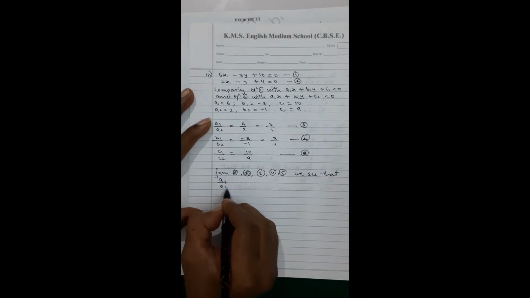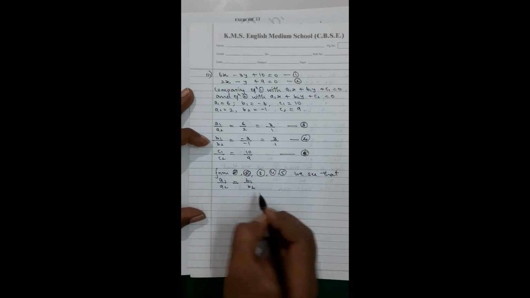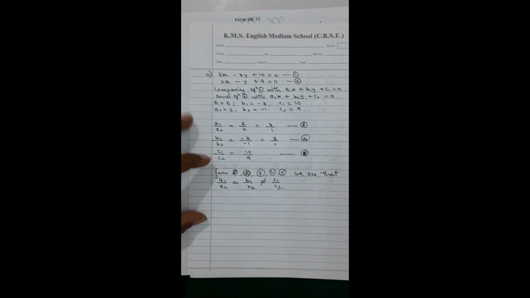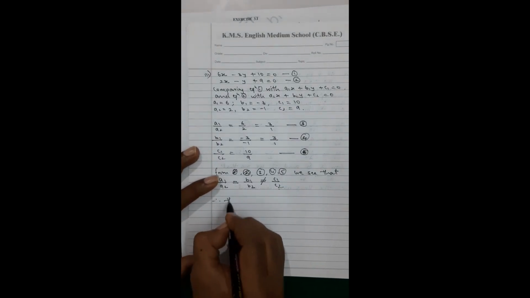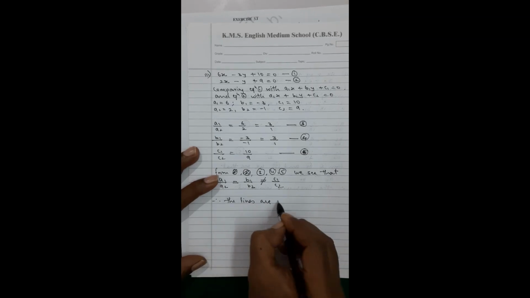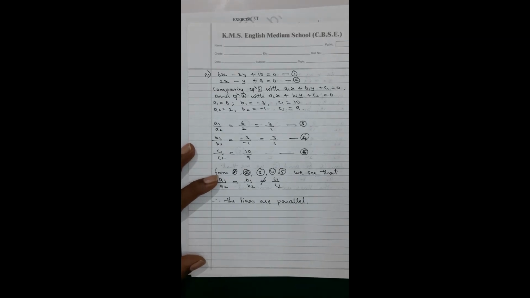A1 upon A2 is equal to B1 upon B2, but it is not equal to C1 upon C2. Therefore, the lines are parallel. Okay, they are parallel because this is the condition.